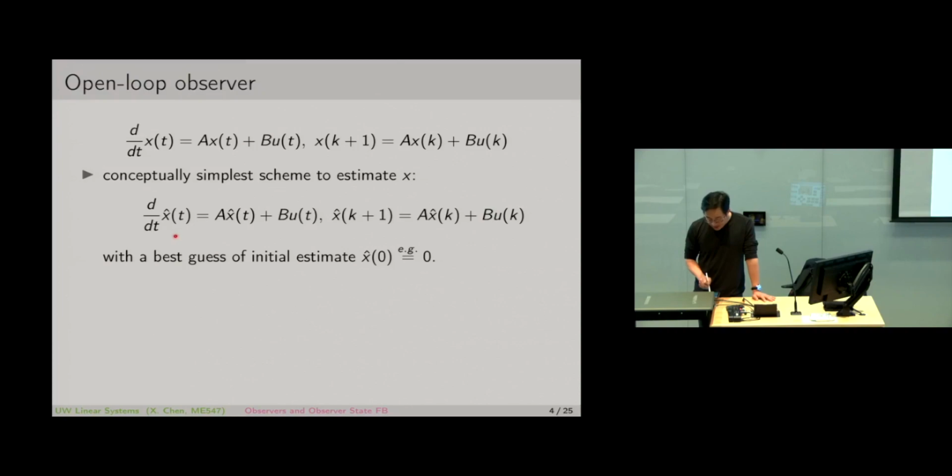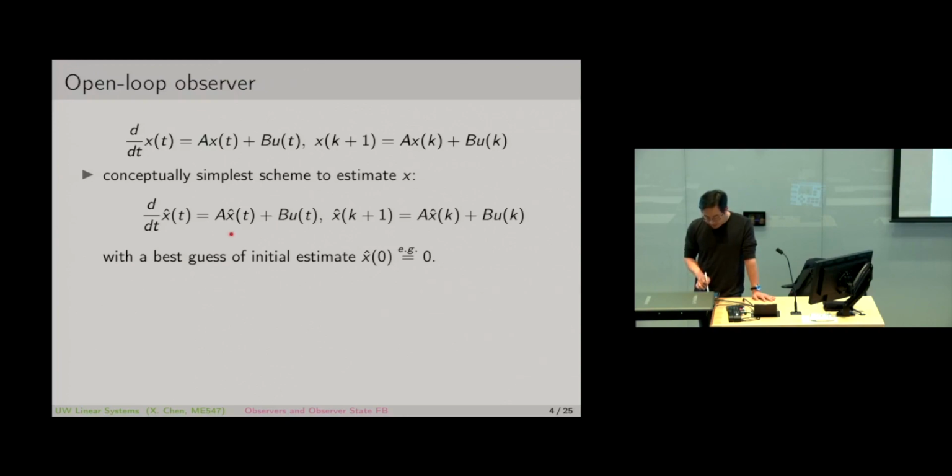In the continuous time case, I am just going to copy down these dynamics in the state equation. I say x hat dot equals A x hat plus B u. I drive this estimator with the same input u, and it is the same in the discrete time case. I use the same control input to drive the state dynamics. If I know A and B, then it seems intuitive that I can get an estimate x hat from these.